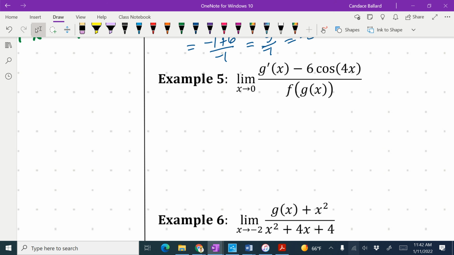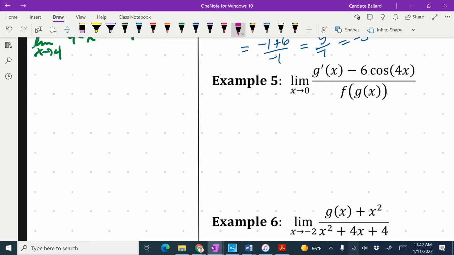All right. Let's take a look at 5. We're going to assume we're doing L'Hopital's, right? I'm going to go ahead and just do my limits separately. So I'm going to put some work out in the left-hand column here. So the limit as x approaches 0, g prime of x minus 6 cosine of 4x.